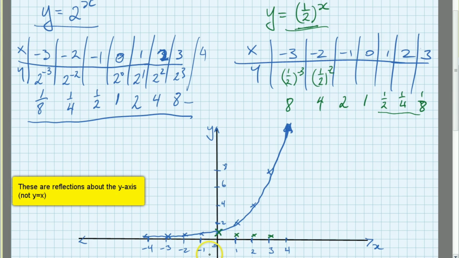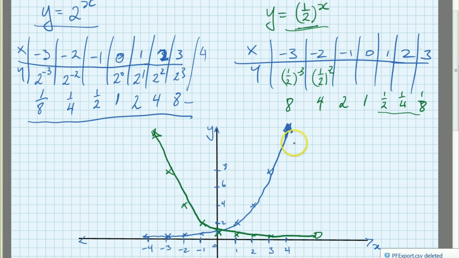They'll both go through 0 and 1, because it doesn't matter whether you have 2 to the power of 0 or a half to the power of 0, they'll both equal 1. Then we'll have 2, 4, 8, and this is a graph which is going to come down the other way. Obviously it goes through those lines. Very hard to draw on this tablet.